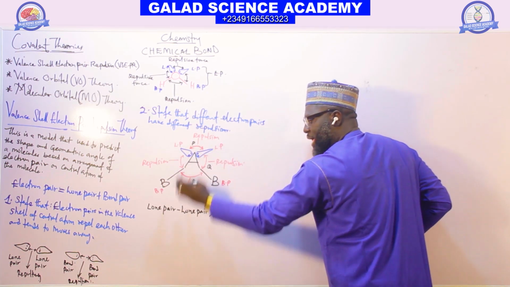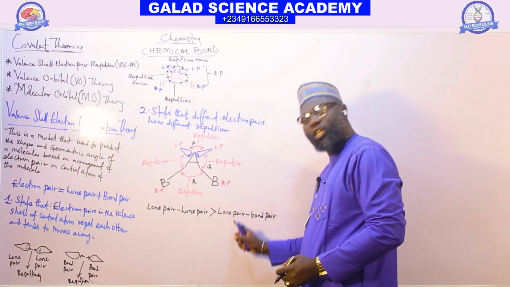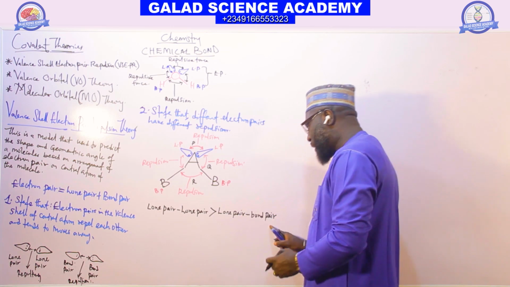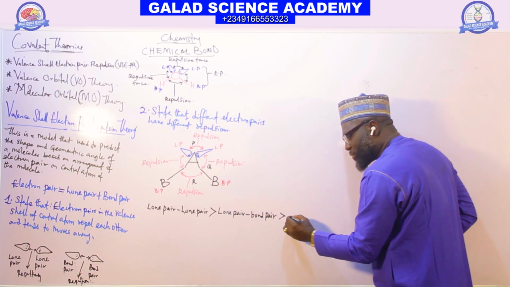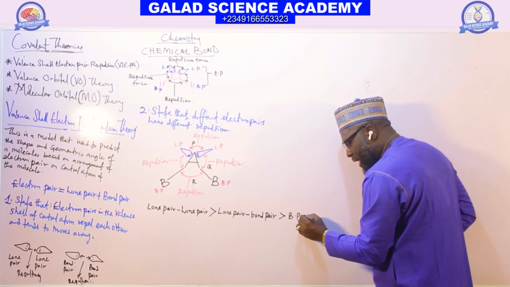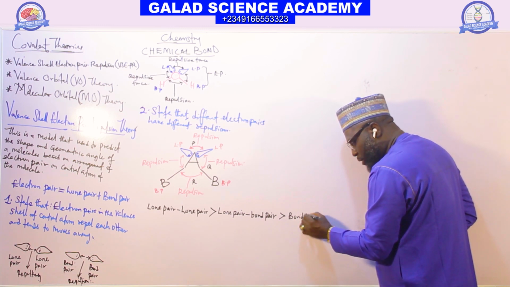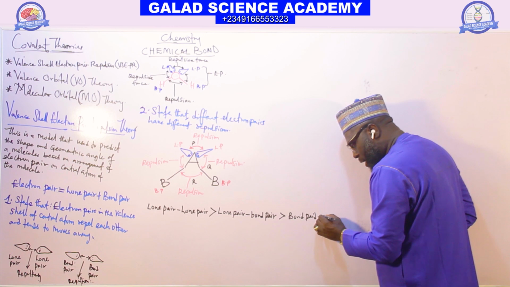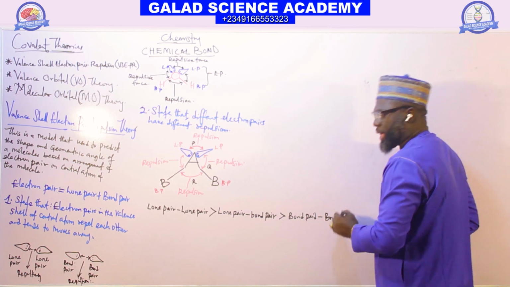So the repulsion in lone pair to lone pair is greater than the repulsion in lone pair and bond pair. And this lone pair and bond pair repulsion is greater than the repulsion in bond pair and bond pair.